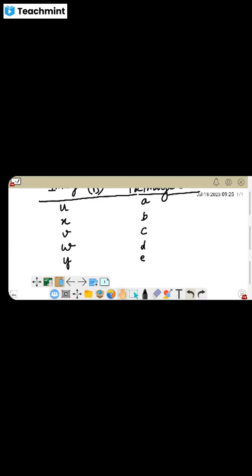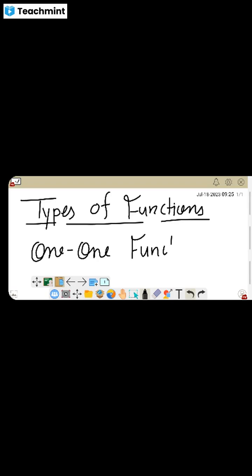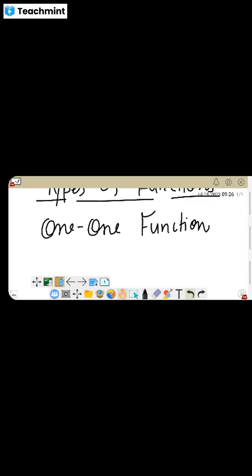So now let us understand the types of function. First type, one-one or injective function.